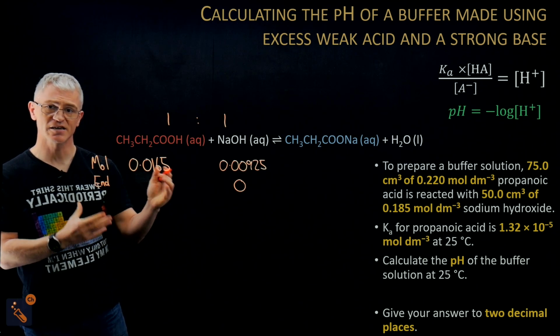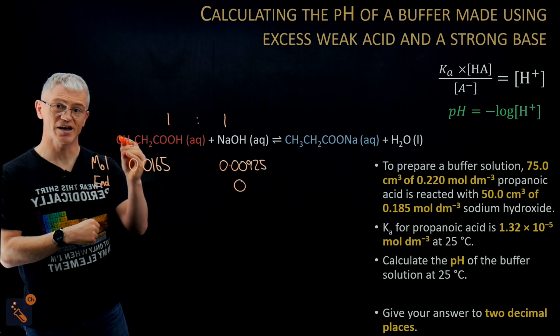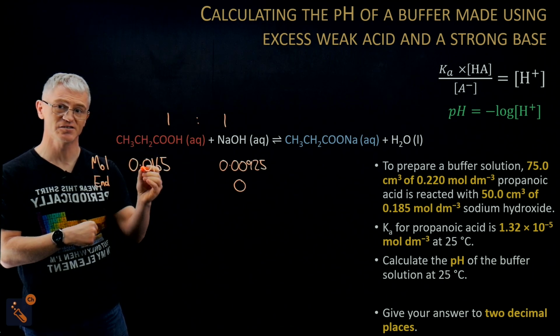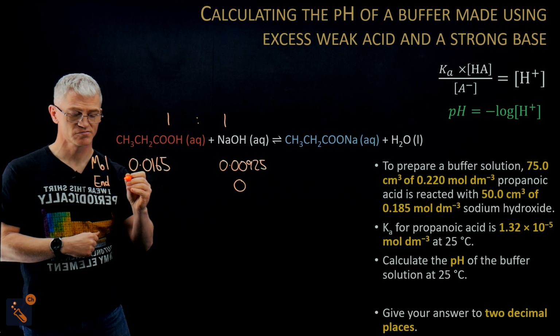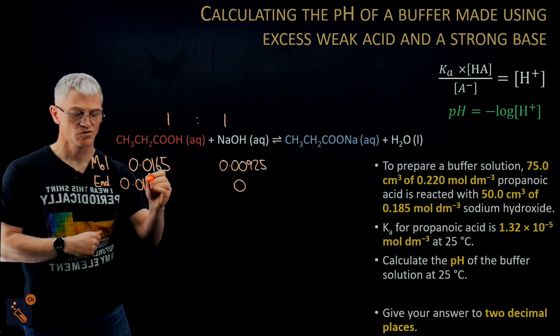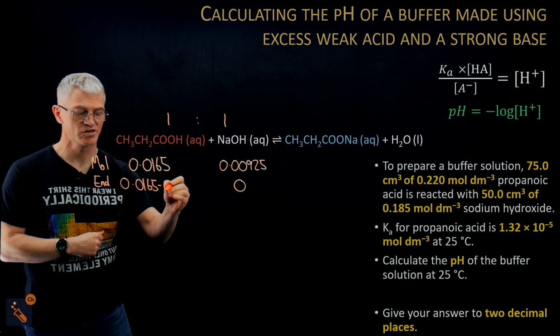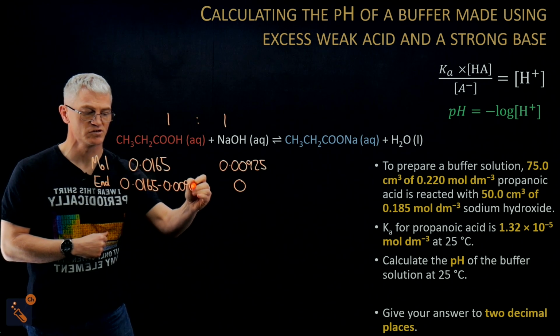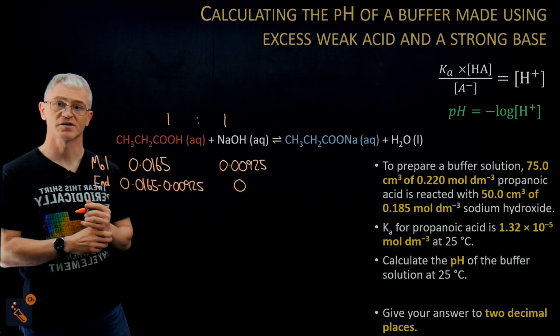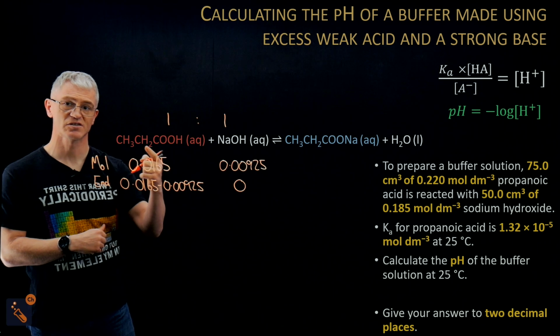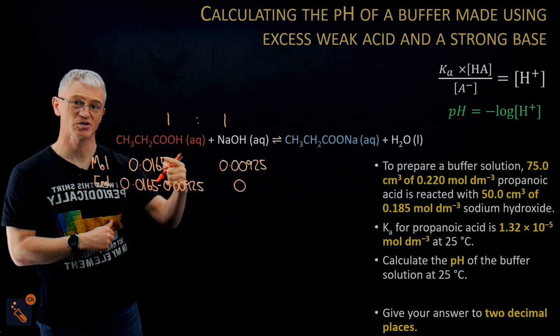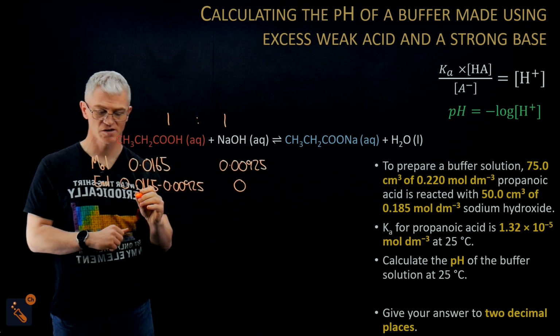Now that means we can work out how much is left of the acid by taking the original, 0.0165, minus 0.00925, because that much has been used up as it's reacted with the sodium hydroxide.